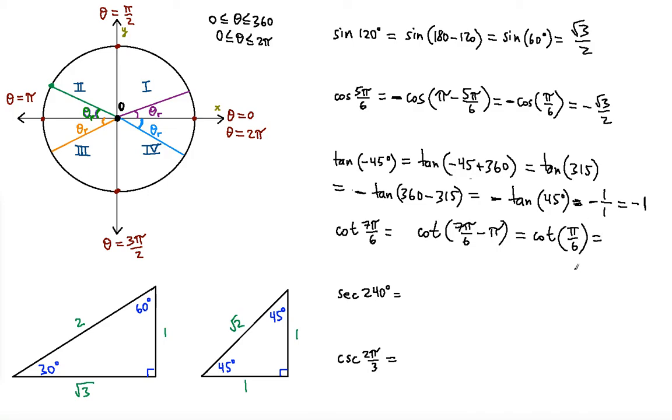Now cotangent of pi over 6. So let's see. We know that the cotangent of pi over 6, and if you forget this, always just remember that this is equal to cosine of pi over 6 over sine of pi over 6. Right? That will be simple to remember it that way. Okay?